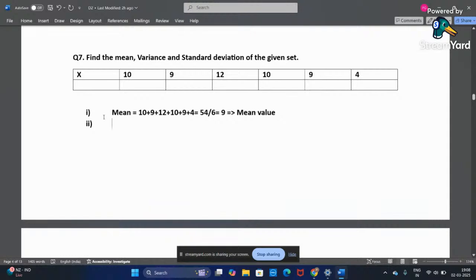Okay. Next, let's find the variance. To find variance, we need to subtract these numbers from the mean value. That means 10, 9, 12, 10, 9, 4. I'll copy this again.